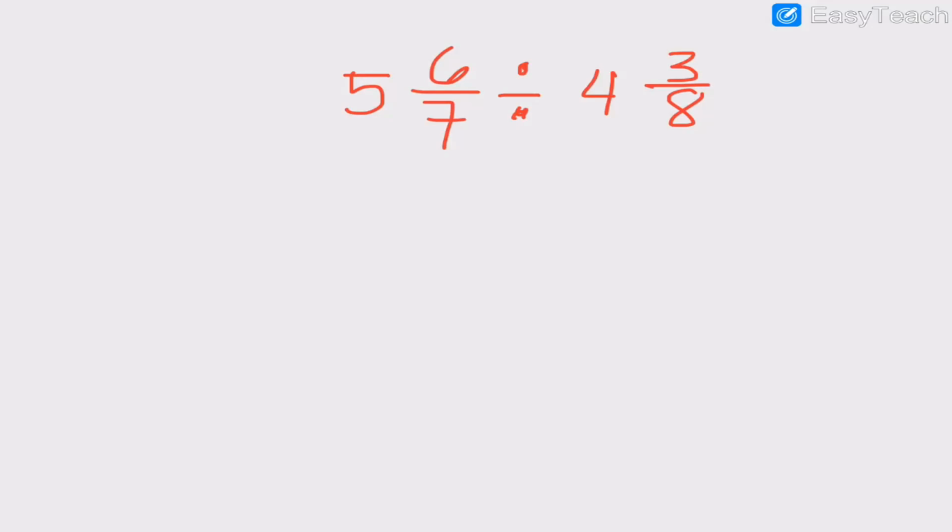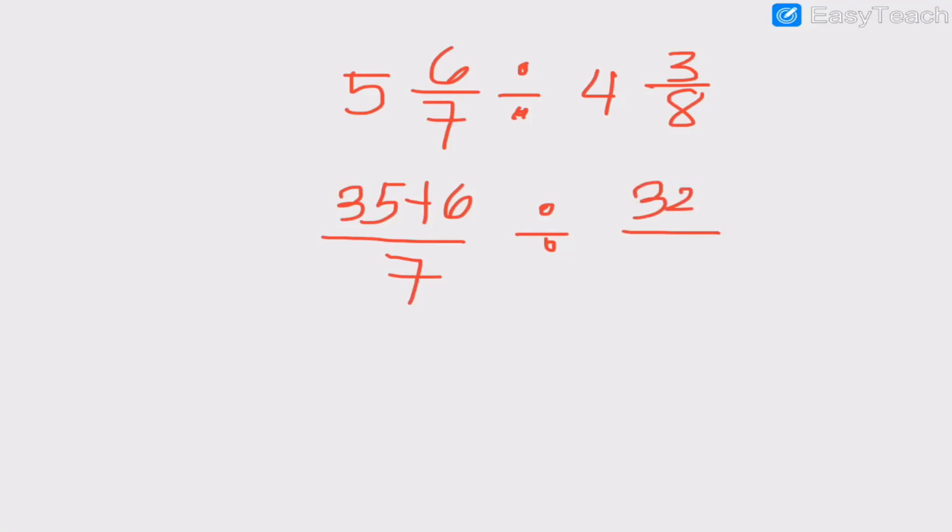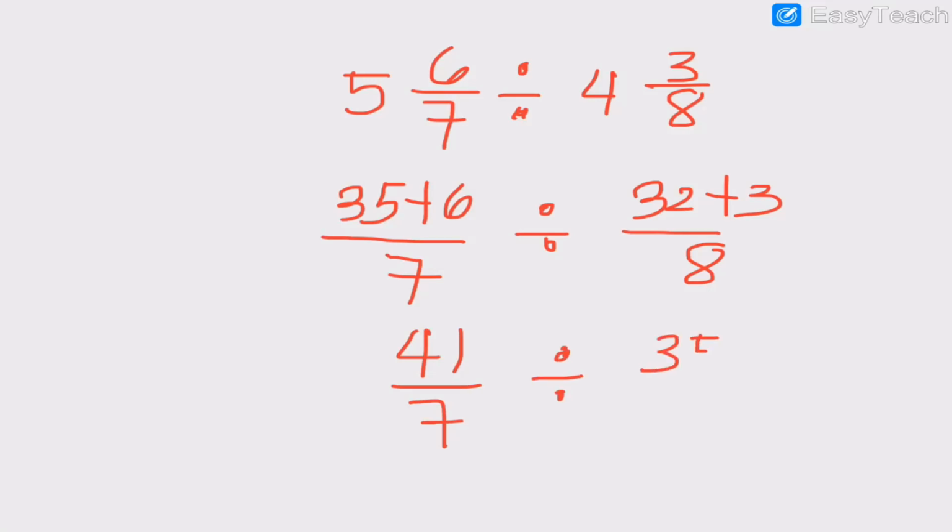First is to convert these into improper fractions. 7 times 5 is 35 plus 6, over 7, divided by 4 times 8, that is 32, plus 3 over 8. So 35 plus 6 is 41 over 7, divided by 32 plus 3, that is 35 over 8.